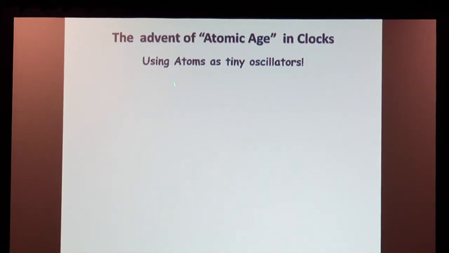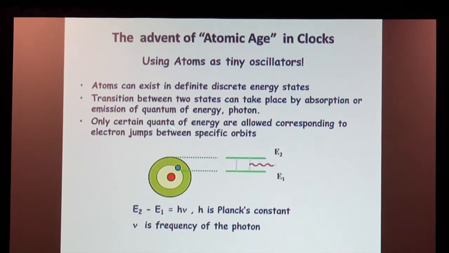So we are, in particular today, going to talk about atomic clocks, where we use atoms as tiny oscillators. This is a high school description of what is in atoms. You have a nucleus, you have electrons, and if you can have a single isolated atom which is not perturbed by anything else, the electron goes in discrete orbits, and when it jumps from one orbit to another, it is associated with a photon, which is given by this relationship.